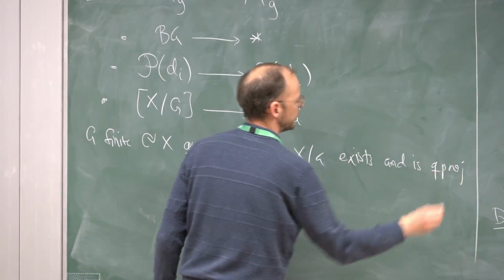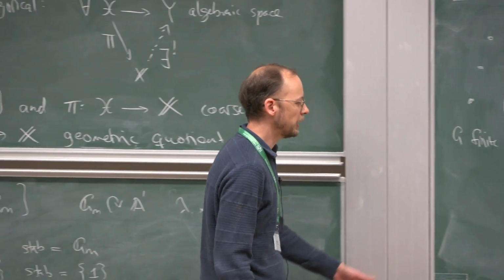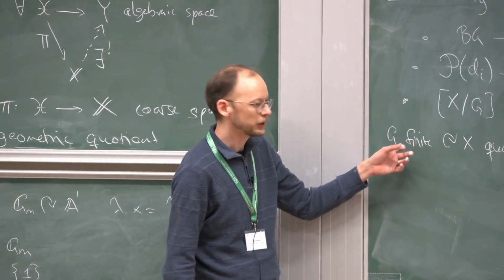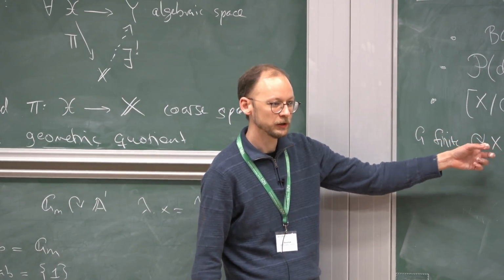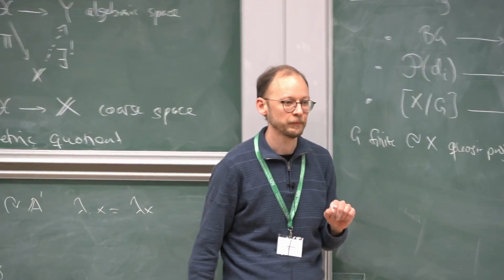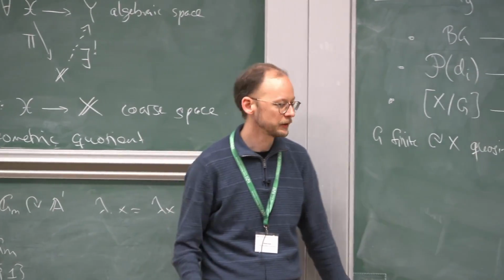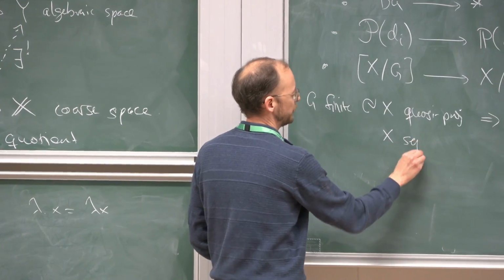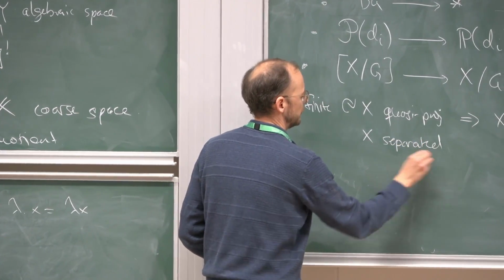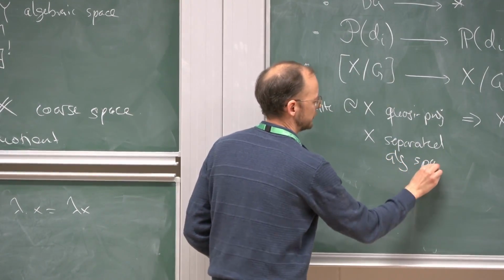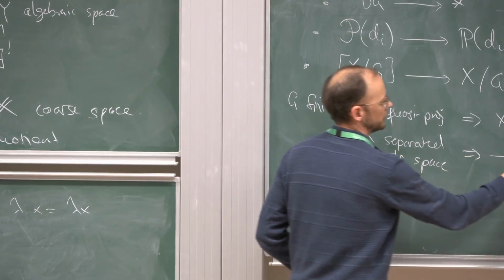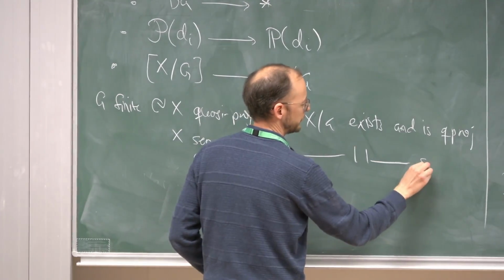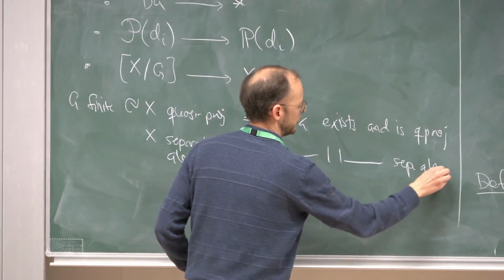But even if I have a smooth scheme, I might have a finite action on a smooth scheme such that the quotient is not a scheme. So that's where you need algebraic spaces. So if instead here X is a separated algebraic space, then the quotient exists and is a separated algebraic space.